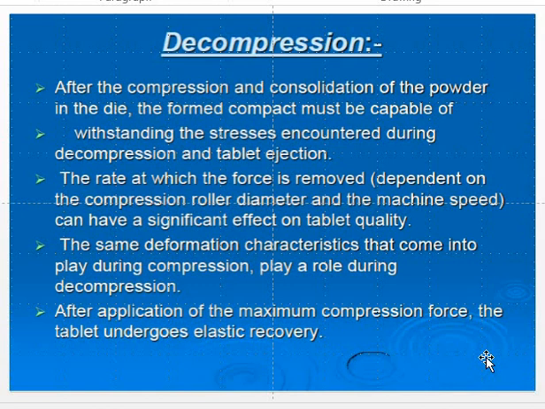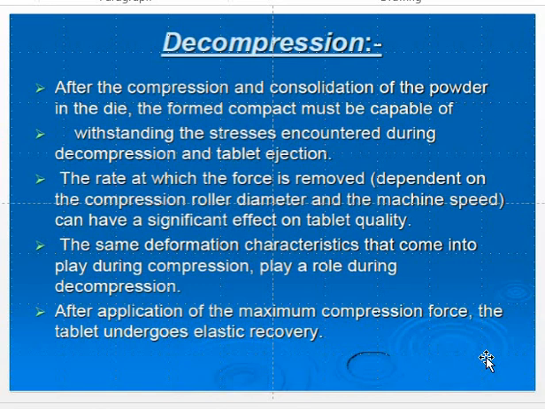The rate at which force is removed, meaning the rate at which the upper punch is removed or returns to its position, matters. In that case, there might be chances that the tablet changes its shape because we are releasing the pressure. The deformation characteristics that come into play during compression also play a role during decompression.